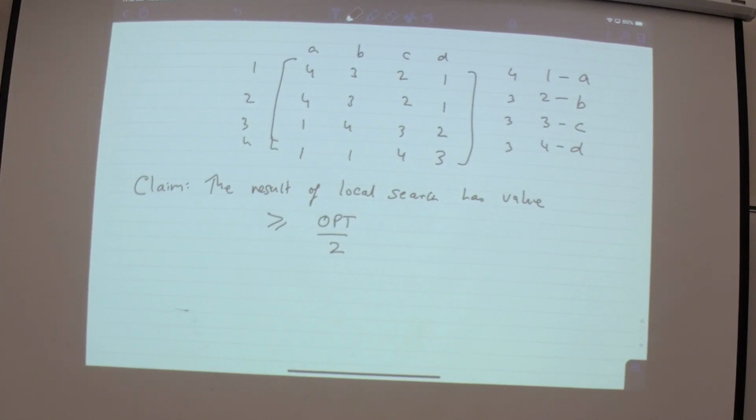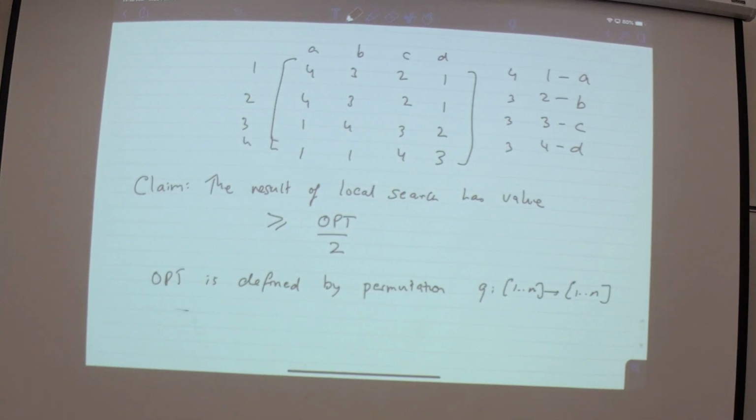So in order to reason about this, we need to construct this imaginary optimal solution that we don't actually have. So we'll just imagine it. Let's say the optimal solution is defined by a different permutation, because remember, the output of any procedure is a permutation, an assignment. Let's call it Q, from 1 to n to 1 to n.